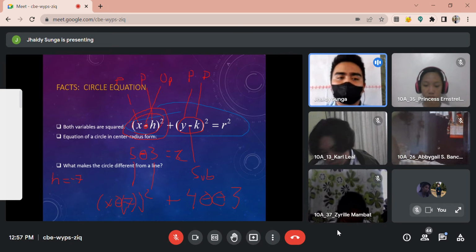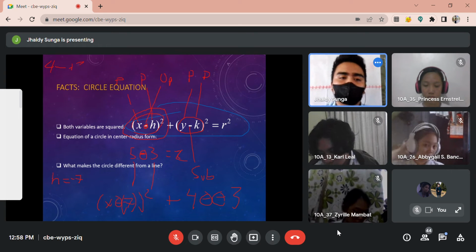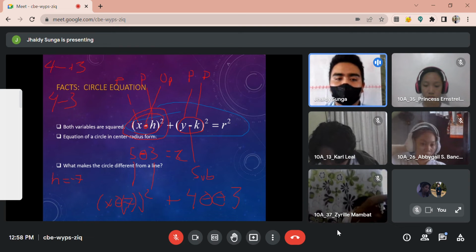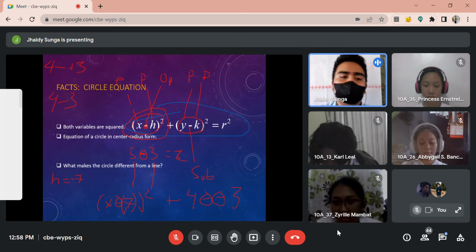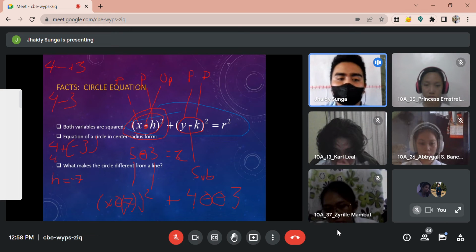Just in case, for example, in this kind of example, 4 minus positive 3, it will still become 4 minus 3. Even though it is 4 plus negative 3, it will still become 4 minus 3.